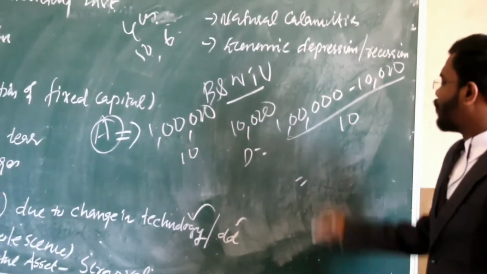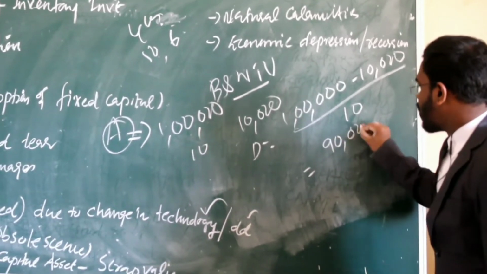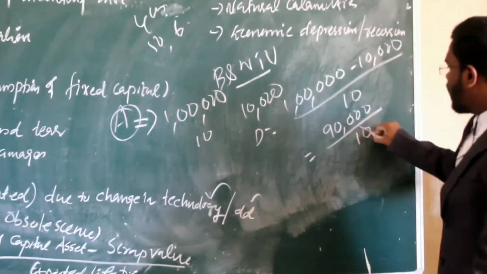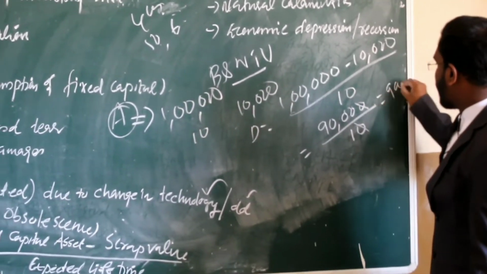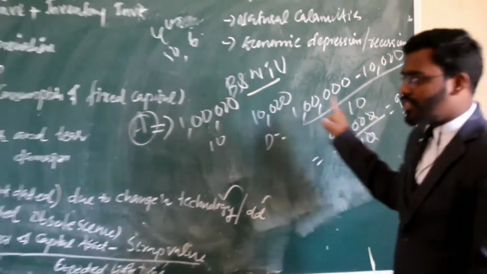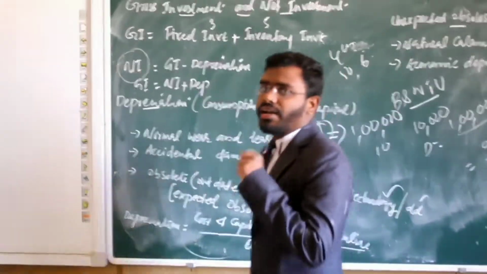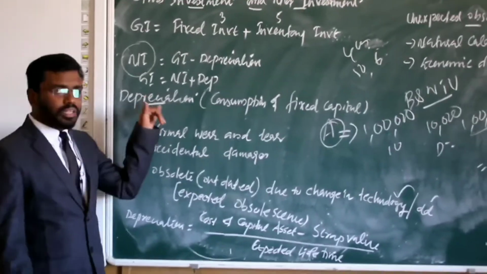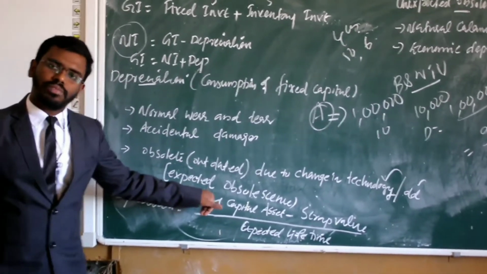That is equal to 90,000 divided by 10, that is equal to 9,000. So depreciation is equal to 9,000. So one of the important reasons of depreciation is expected obsolescence.